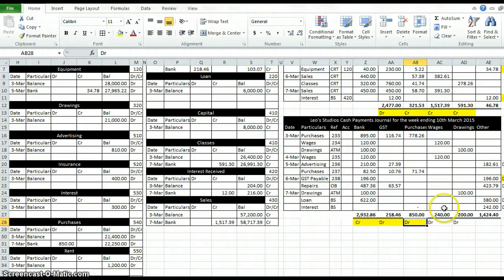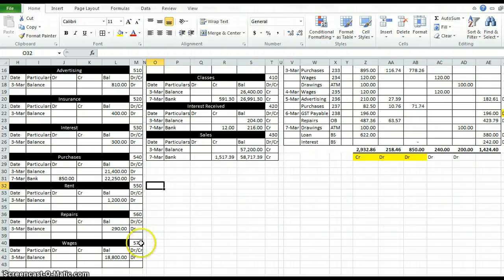240 for wages, scroll down for wages, end of the week, always bank for particulars, and it's a debit column, debit here, equals 240, enter. Total we've paid in wages is 19,000, debit, mark that one off.